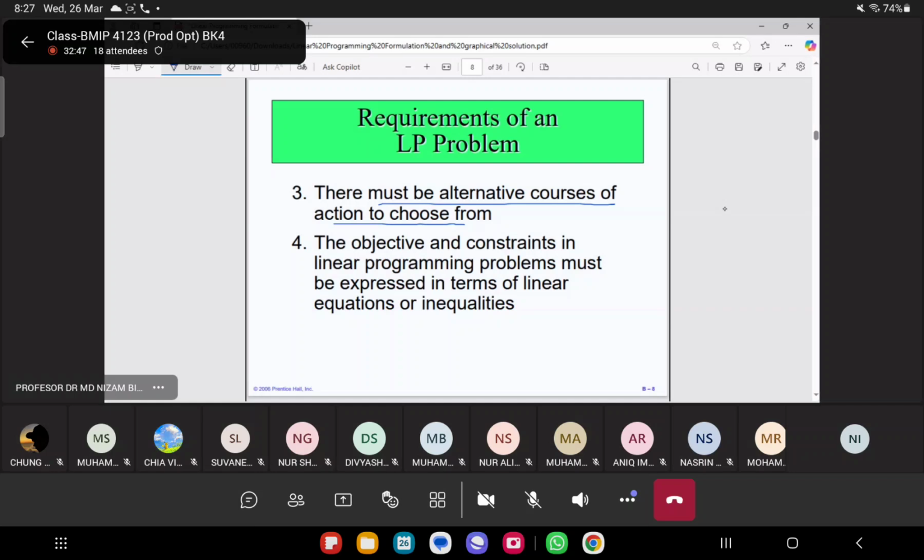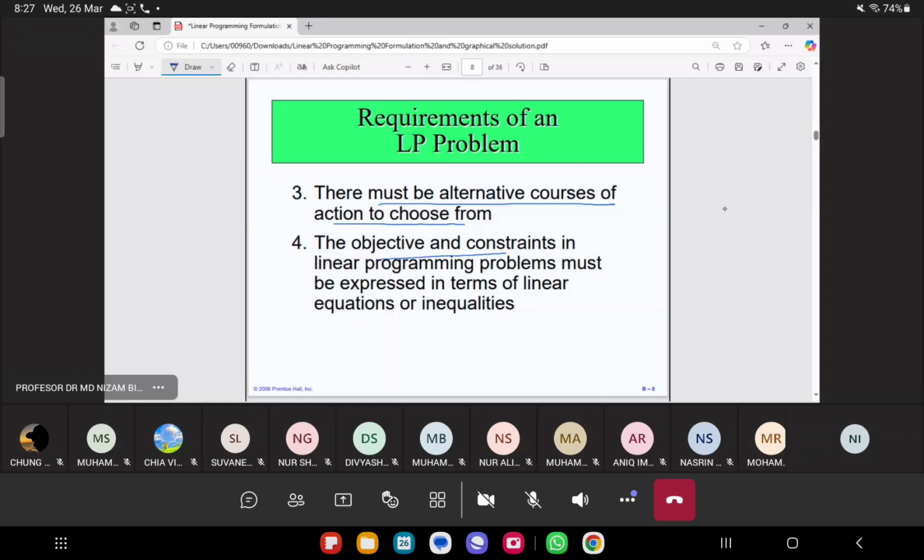And the fourth one: the objective and the constraint in a linear programming problem must be expressed in terms of linear equations or inequalities. So the fourth requirement is you must be able to come up with a mathematical expression in linear form to represent the objective function, meaning that the objective function is, let's say, to maximize profit.